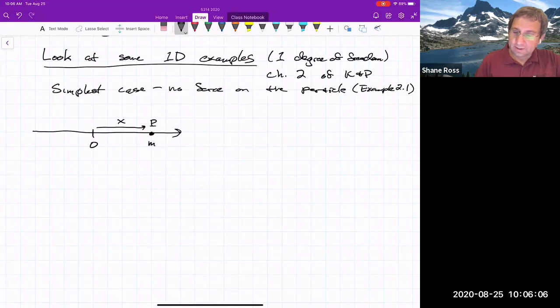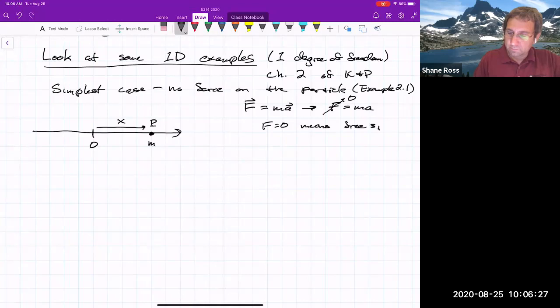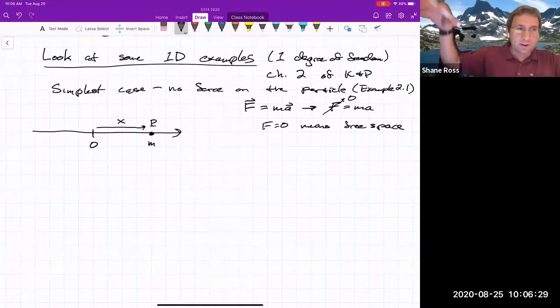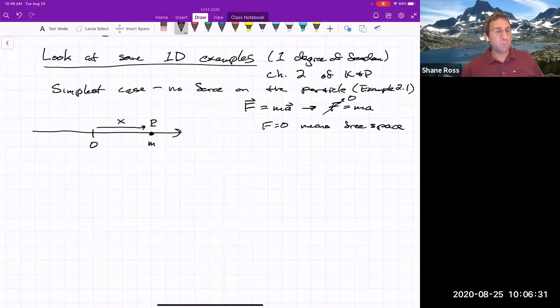So our vector F equals ma just becomes a scalar, F equals ma, because we're in 1D. And we're actually looking at the case of F equals 0. So we're in free space. We're out there somewhere between the stars, and there's no force, just empty space.